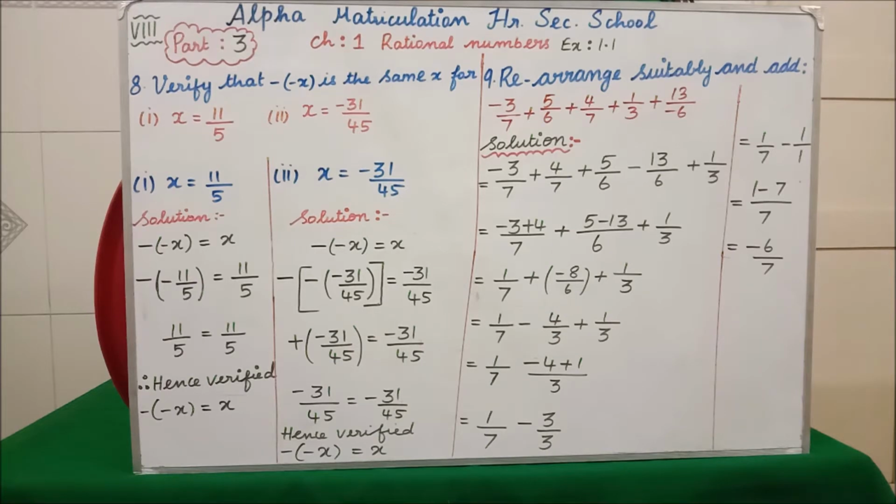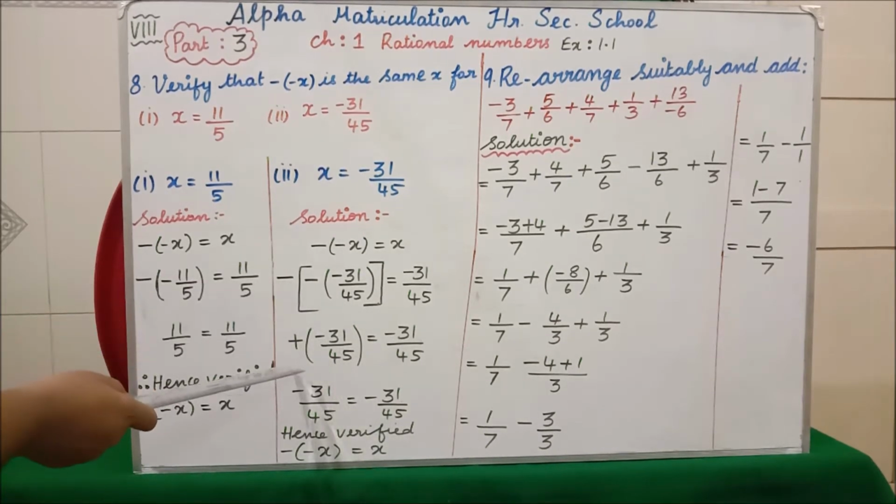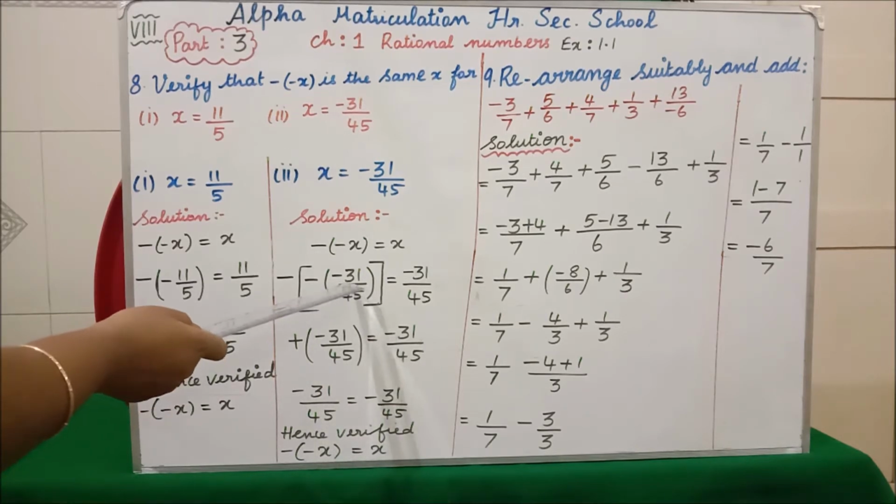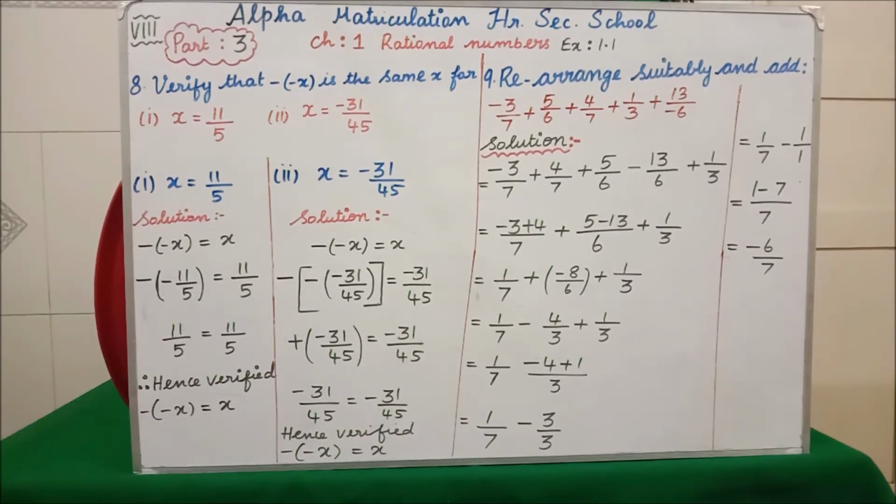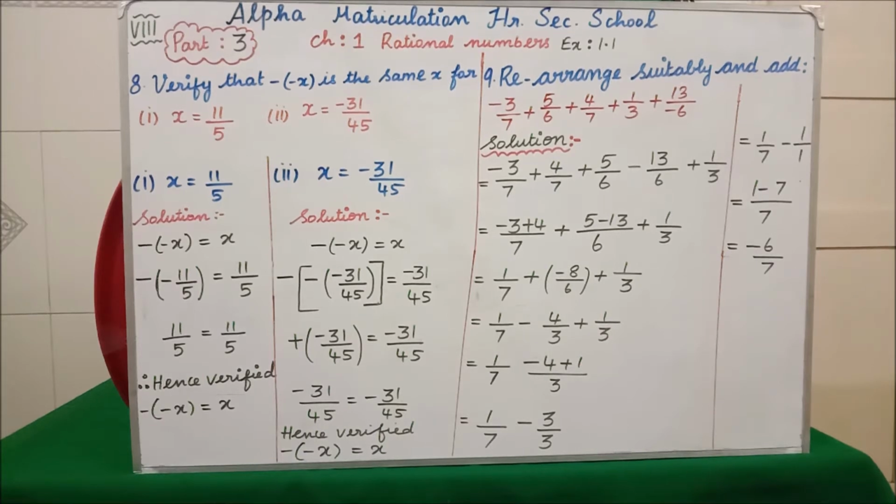Okay, now students listen. What is this minus into minus? Plus. Okay, then inside, minus 31 by 45 I have written as such. Equal to this side, minus 31 by 45, that also I am writing as such. Then next step, if you see, plus, here minus is there. So plus into minus is what? Minus. Okay, plus into minus is what? Minus. When one different sign comes, obviously it is minus only.